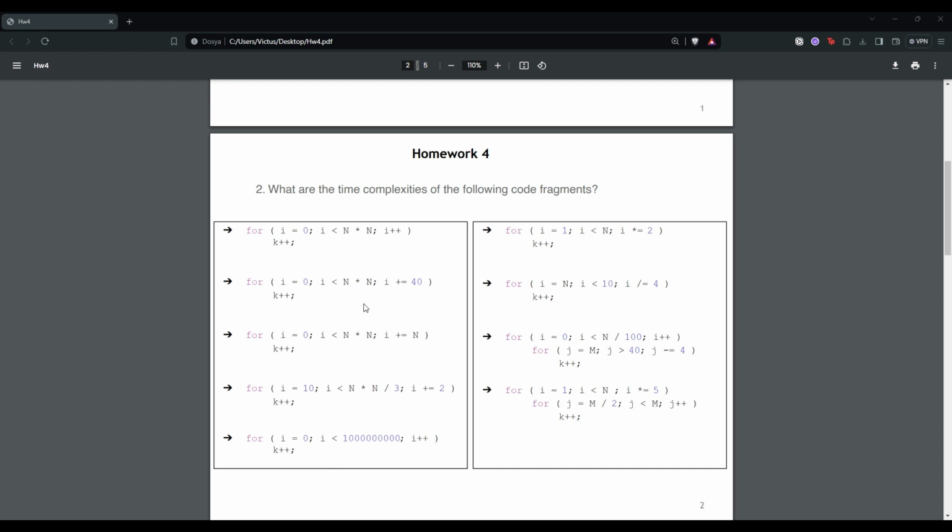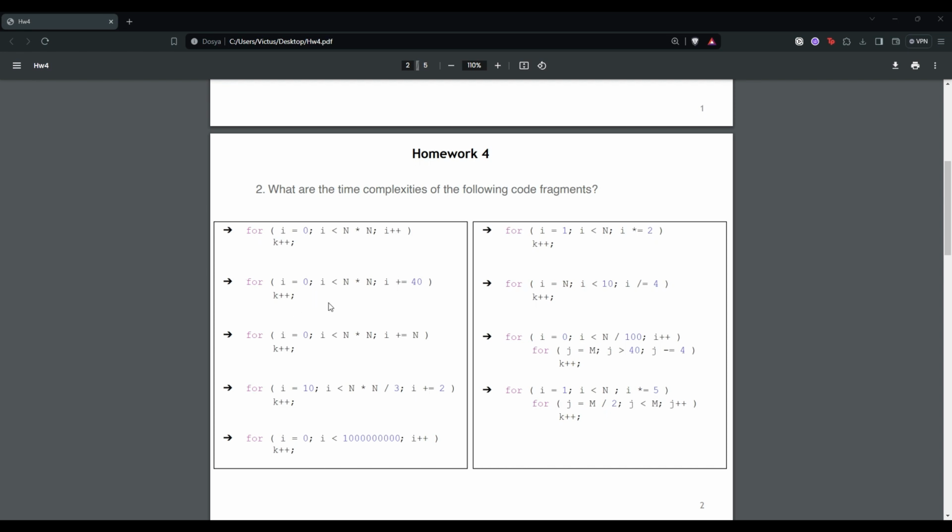Let's continue with the second one. This loop iterates n to the power of 2 divided by 40 times.